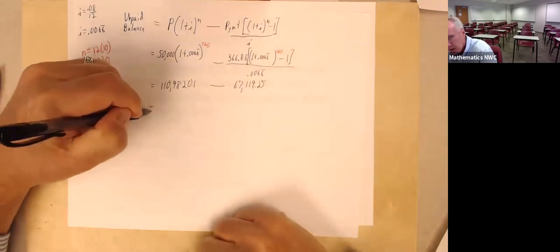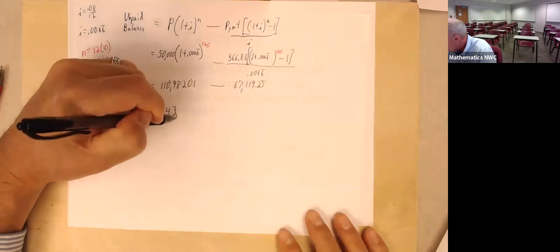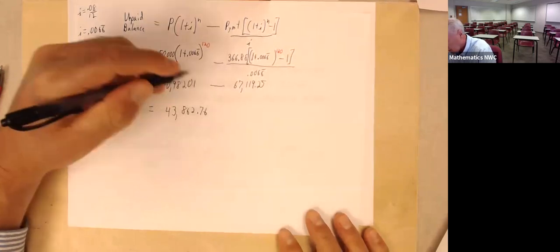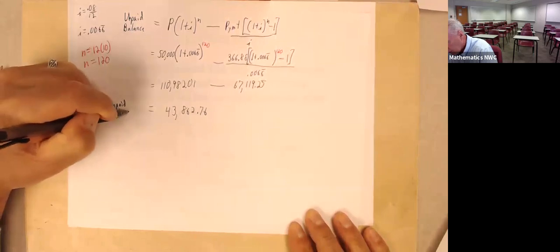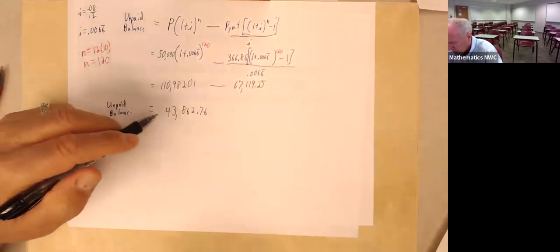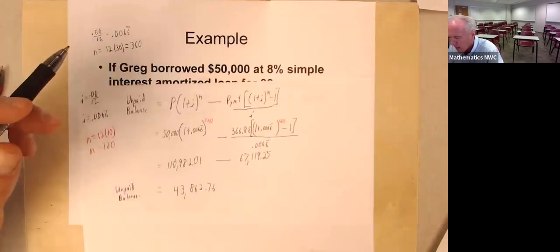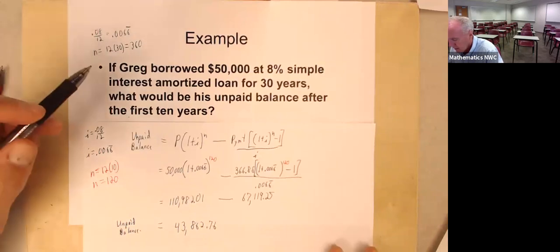When you do the subtraction, you end up getting 43,862.76. That is your unpaid balance. So if you have a lump sum available of $43,860, you can pay off your house at that point in time after 10 years.